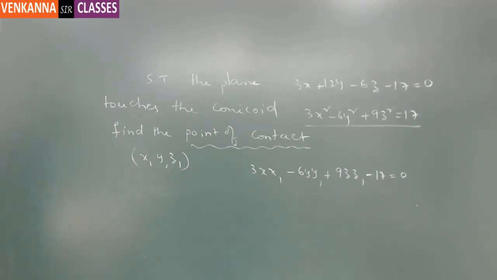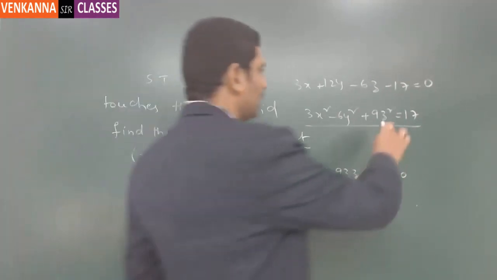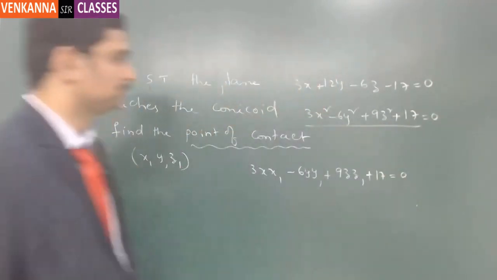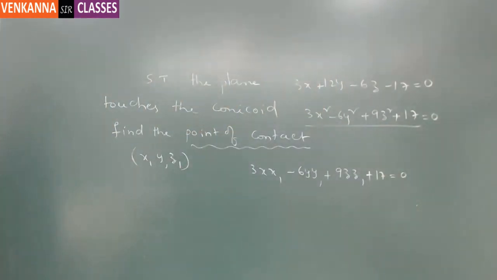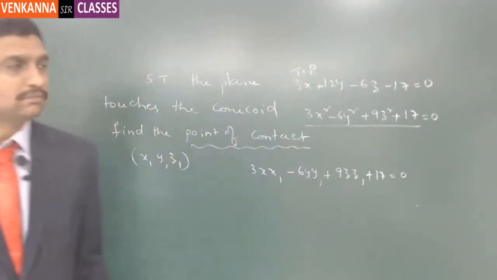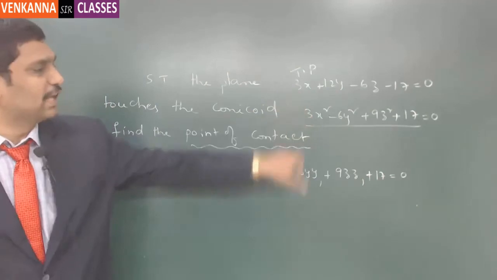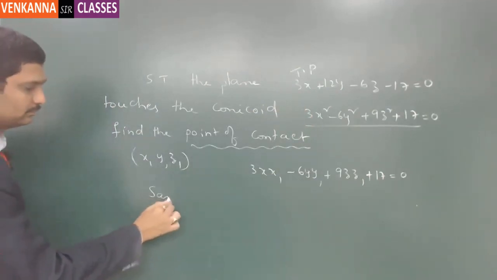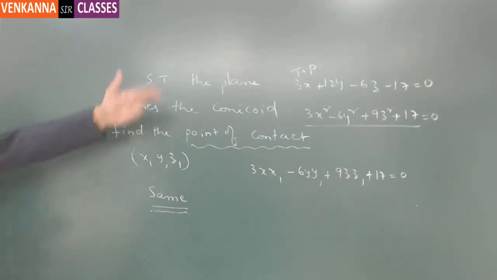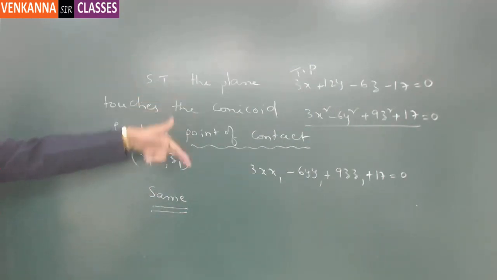I think you take the equation of conicoid here as plus 17. I will take plus 17. If this is the tangent plane, then these two must be same. So if you compare the respective coefficients, then we will get the values of x1, y1, z1.